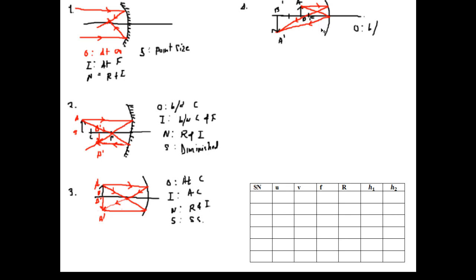Let us come to the fifth one. This is very important. The fifth and sixth of this concave mirror are very important, and you should always pay attention to this one. So keep the object at focus. If it is at focus, after reflection it should pass through focus only.